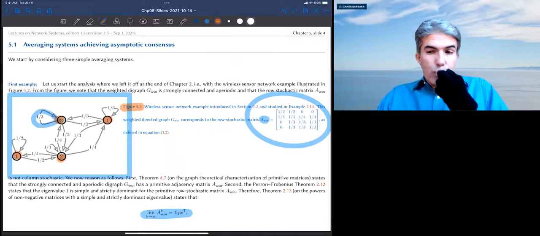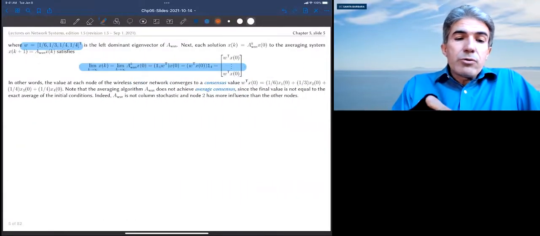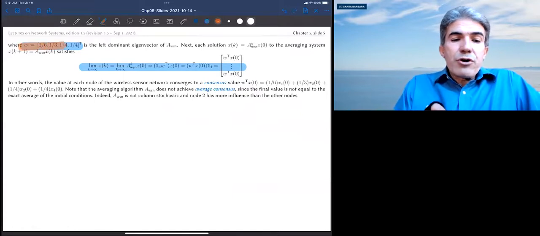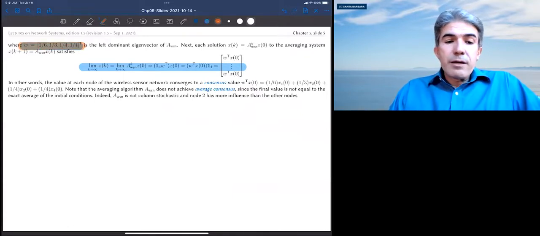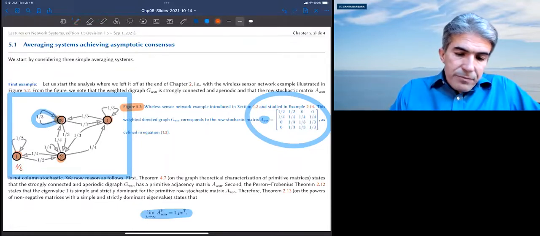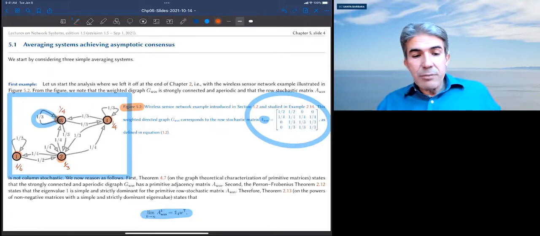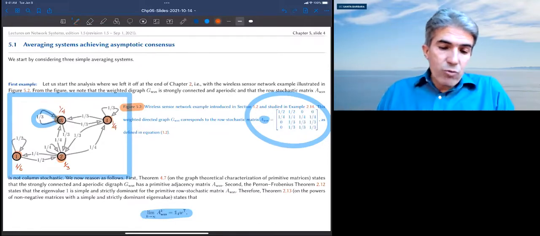Do I achieve it or not? And the answer is no, I don't achieve that because W is 1/6, 1/3, 1/4, 1/4. Notice that if you come back to this picture, let me maybe add the numbers here. So this is 1/6, 1/3, 1/4, 1/4, and clearly these numbers sum to 100%, sum to 1.